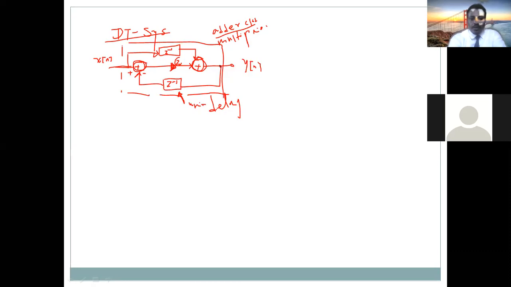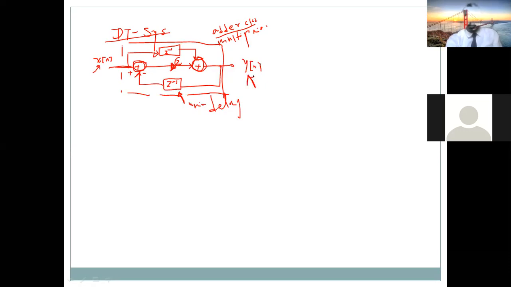We have to write an equation for this system. Why we need to write the equation will come later; it's very important. The equation relates the input with the output.